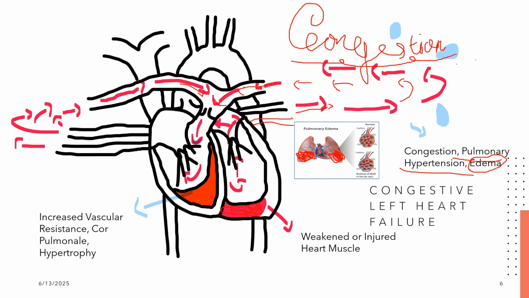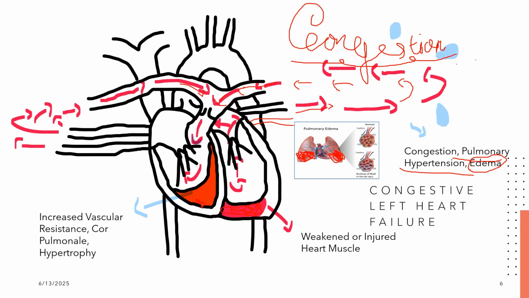And how does the right ventricle have to do that? It has to generate more forceful contractions in order to make sure the blood flows into your lungs. And this can cause your right ventricle to thicken so it can generate more force.